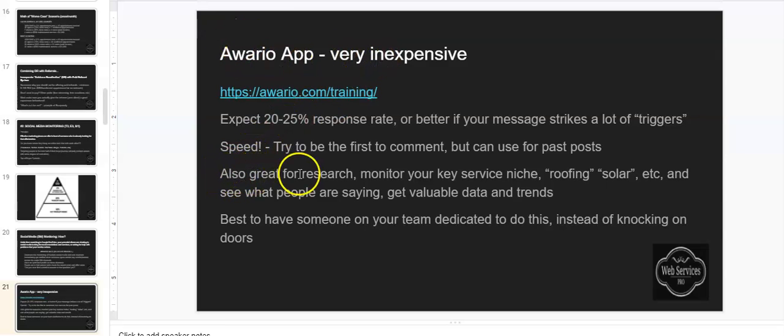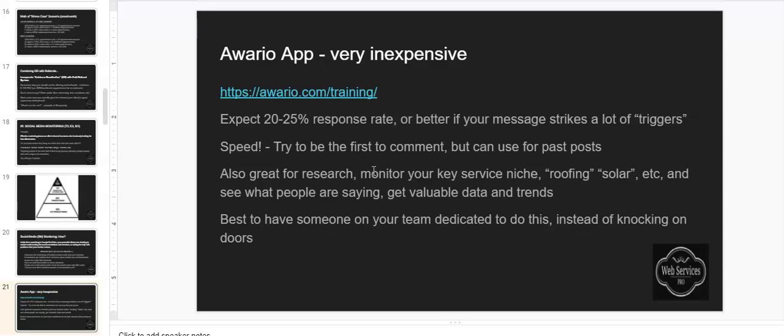It's also great for research itself. Basically, you take your key service niche, whether that's roofing or solar or HVAC and so on, and see what people are saying and get valuable data and trends. So you can do your market research using that. See what people are saying about roofing, what they're looking for in roofing, or whether they've already had a roofing service and what they're saying about it.